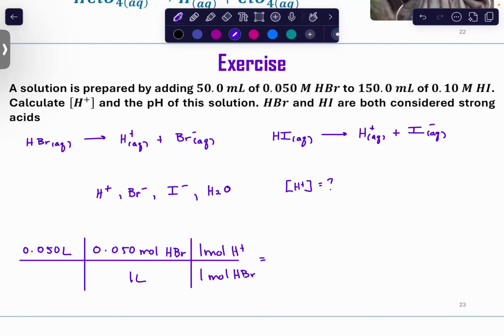That is going to end up giving me 2.5 times 10 to the negative third moles of H plus. And again, the way this works, you think of full dissociation. We get 2.5 times 10 to the negative third moles of HBr, and that's going to fully break apart. And so I'm going to get 2.5 times 10 to the negative third moles of each one of those ions.